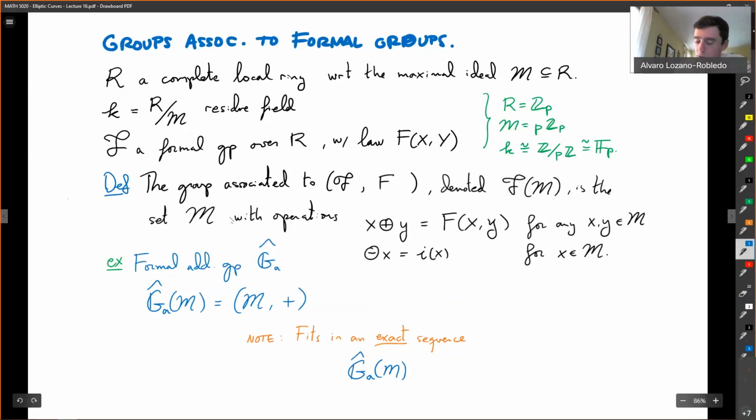It fits inside the ring R, and if you do the quotient of the two, then you get the residue field, right?